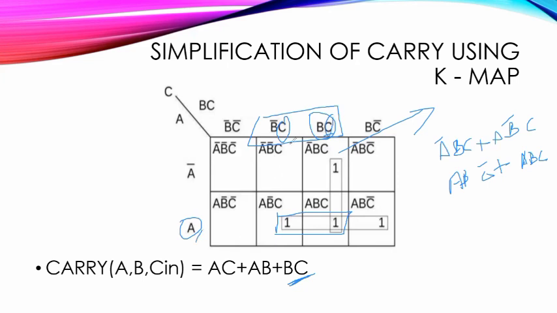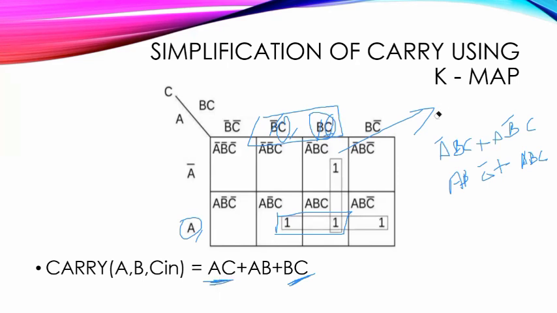So A and C. A is common for both the variables. So in this both, B bar and B will be cancelled, right? So C is the common variable. So A and C are the second term.